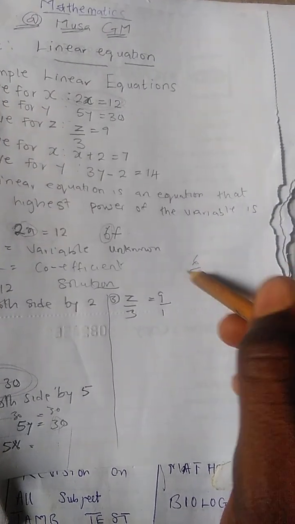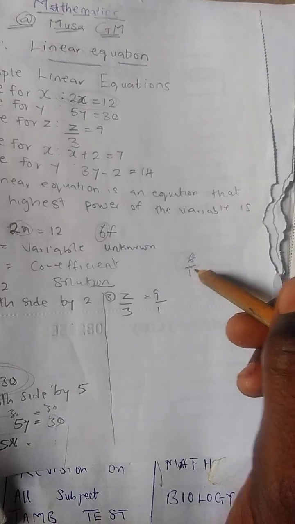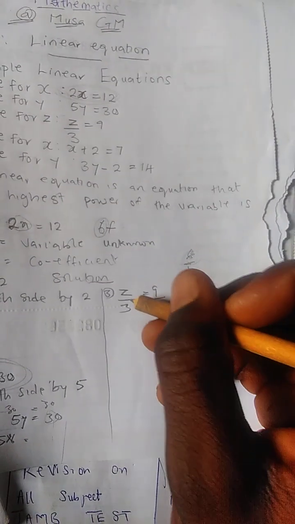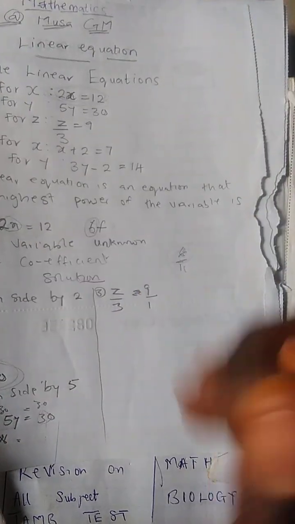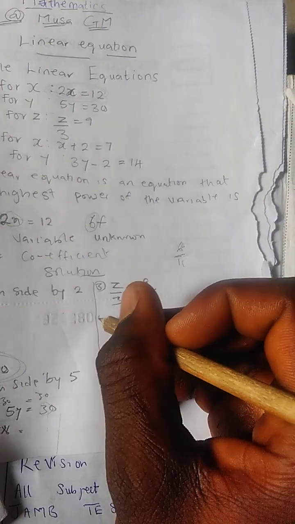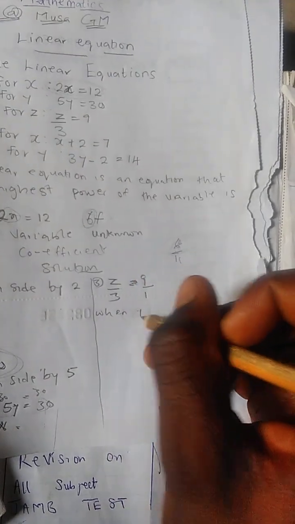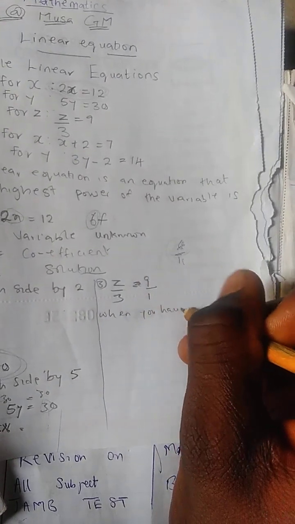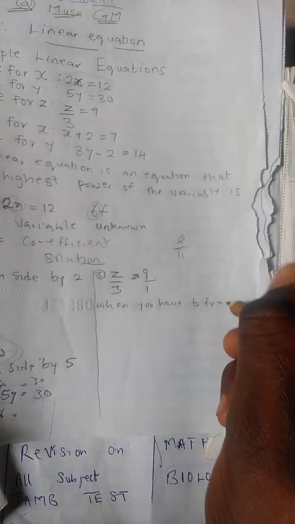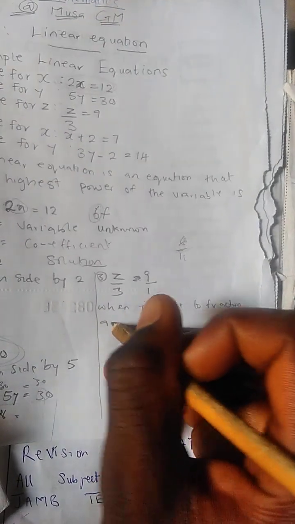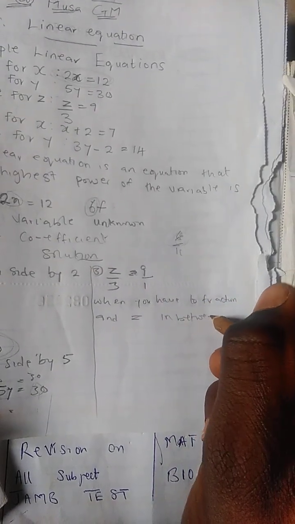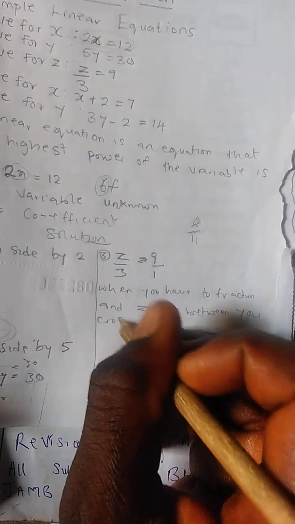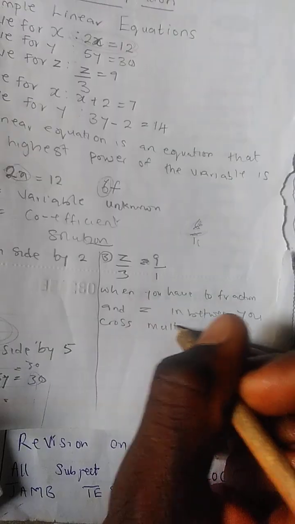So any number on its own is the same as saying that number divided by 1. Now, since this z over 3 is equal to 9 over 1, the next step is: whenever you have two fractions with an equals sign in between, you cross multiply.